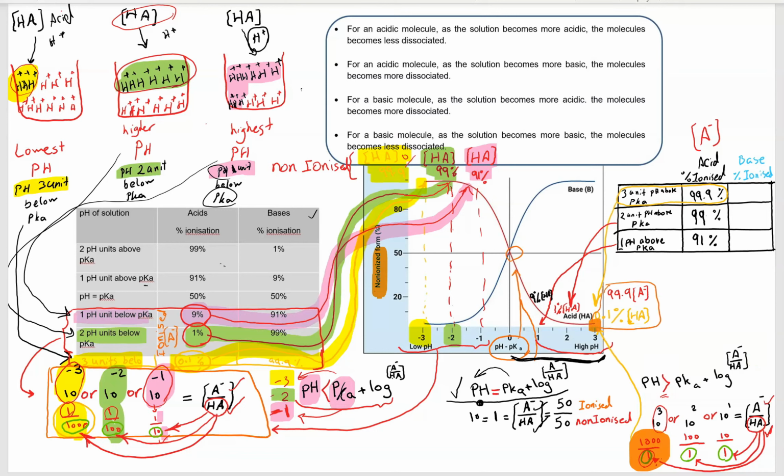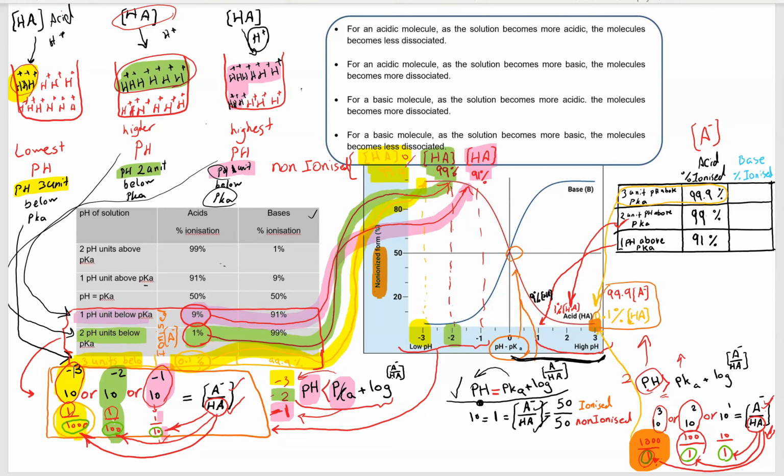In the case of 2 units pH above pKa, so 2 units of pH more than pKa, you will get 2. What does it mean? It means that the ratio of ionized over non-ionized is 10 to the power 2.